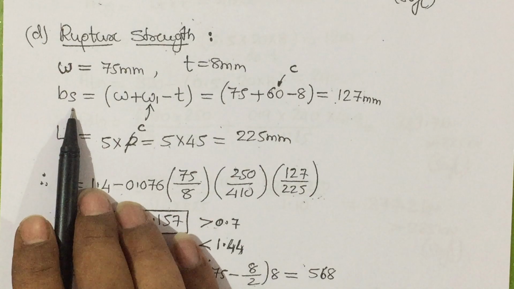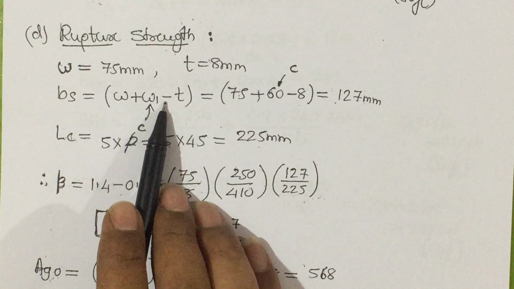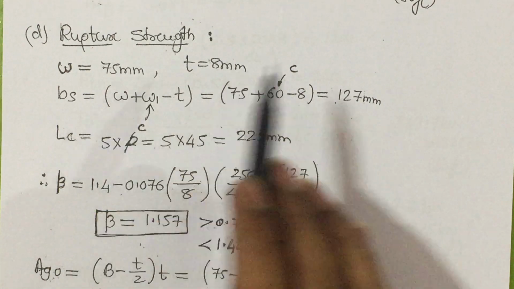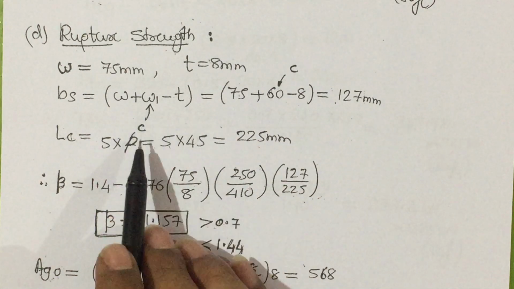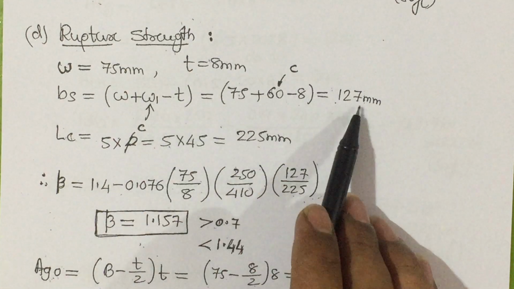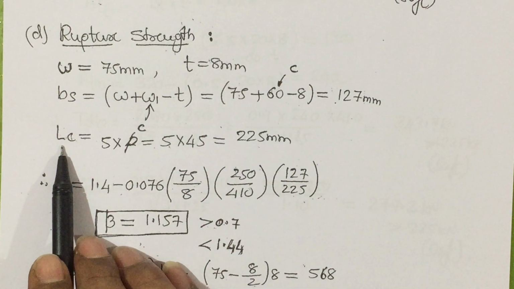B is nothing but shear lag length, that is given by W plus W1 minus T. W is given by 75 and W1 is nothing but C value, then minus T. You are going to get it as 127 mm. Then LC.